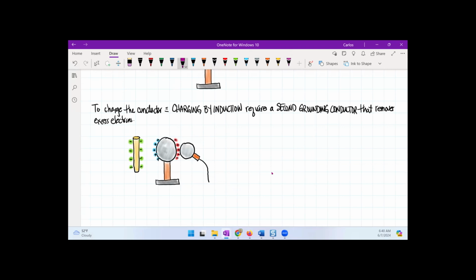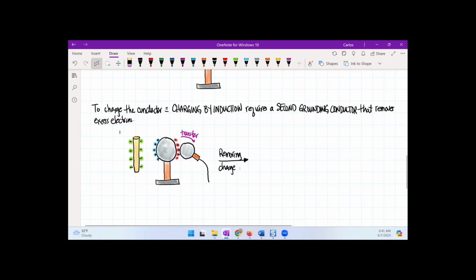As soon as I make contact, I have a transfer of charge. In other words, I'm now removing charge. So as I remove charge, what actually is happening here?